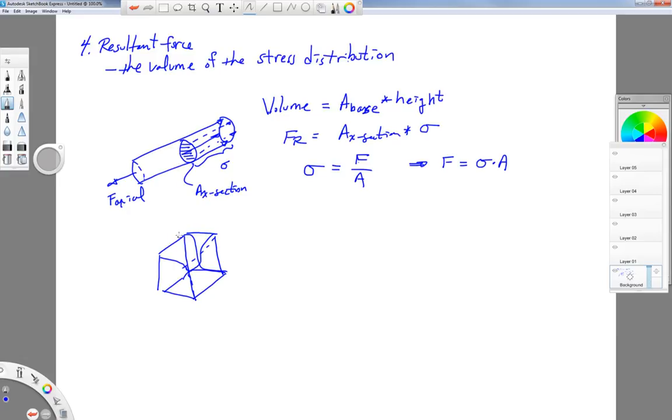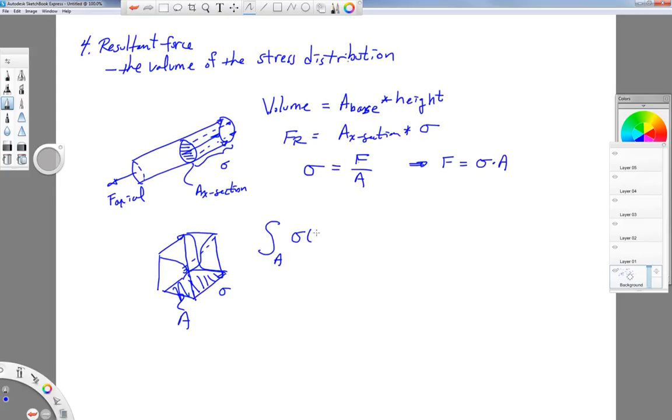Well, if this is a stress distribution that is non-uniform, the way that we can find the volume underneath this shape is to do an integral over the area of that base of the value of the stress at any particular point.